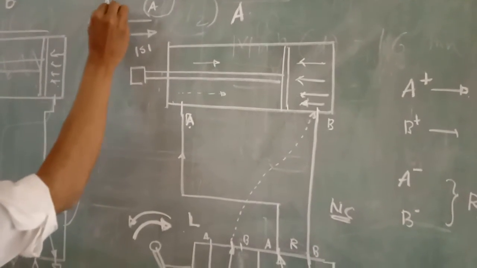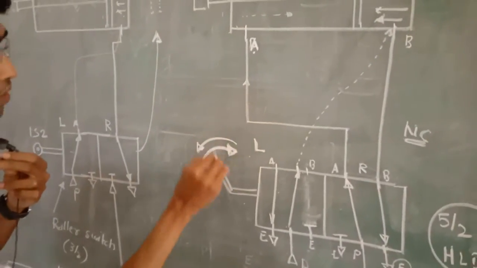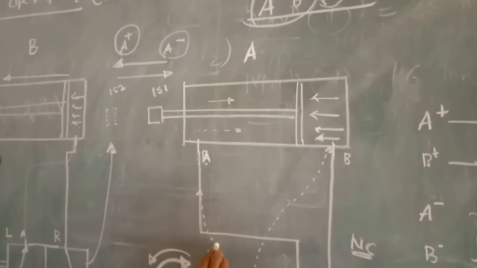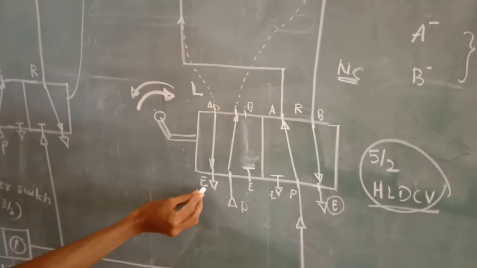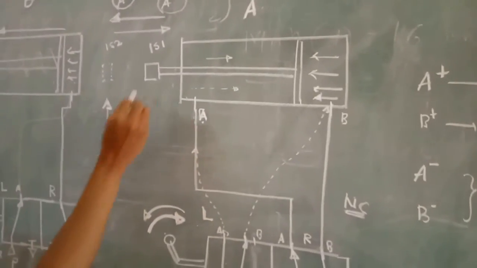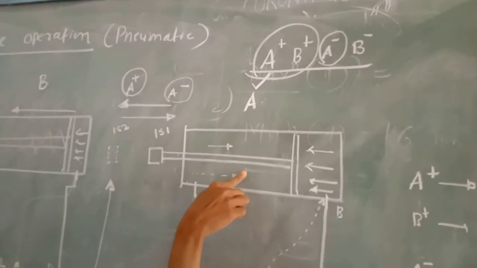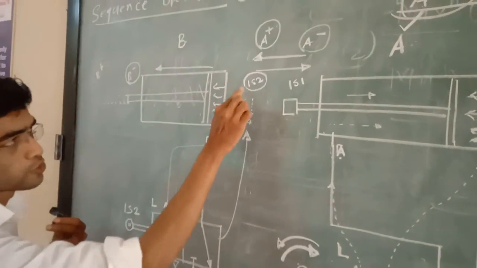So we will get the A plus position when we operate this lever. At the same time, air from the left side will enter the A port, and you can observe here the A port is connected to the exhaust port, so air is exhausted from the left side. This is the forward stroke, that is the A plus stroke, for cylinder 1, a double acting cylinder.